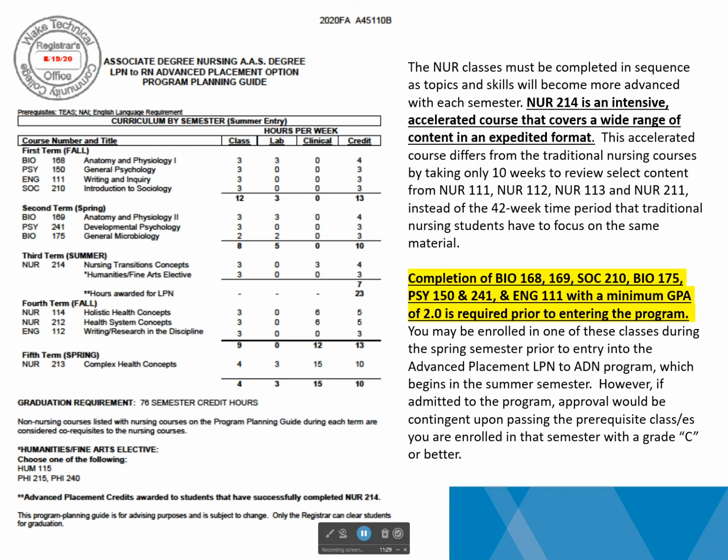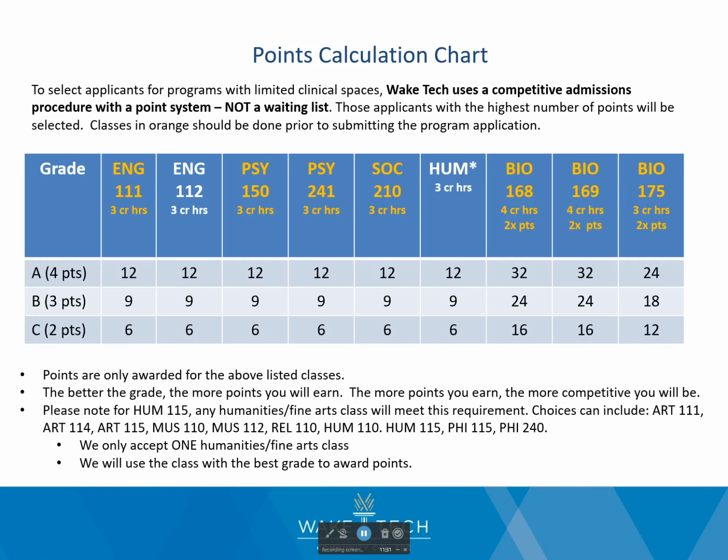So what happens when we're talking about a competitive process? Those courses that you're taking, the English 111 and 112, so that's your freshman composition courses. You've got your Psychology 150, which is general psychology, Psychology 241, which is developmental psychology or lifespan development.